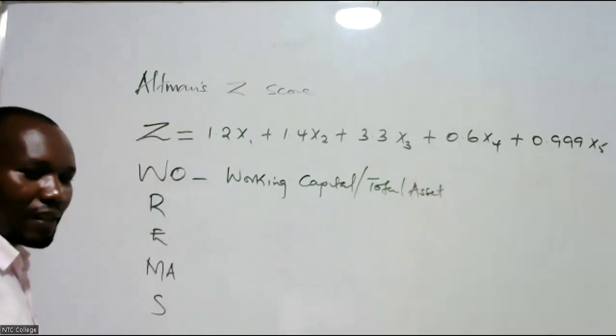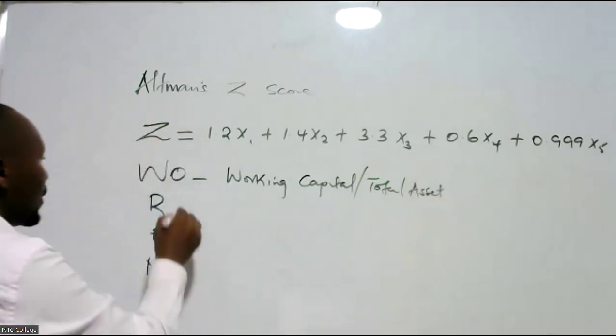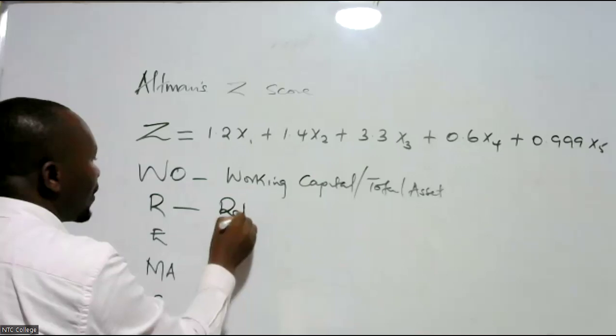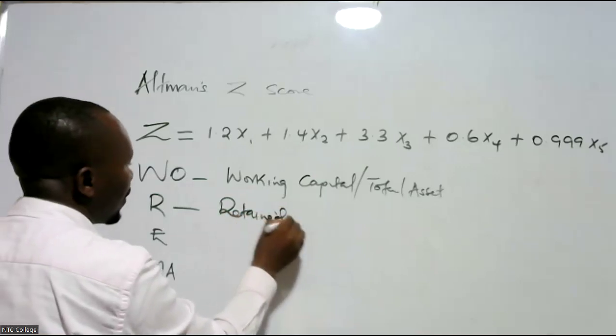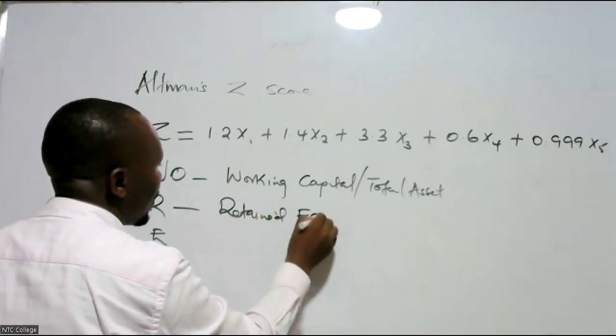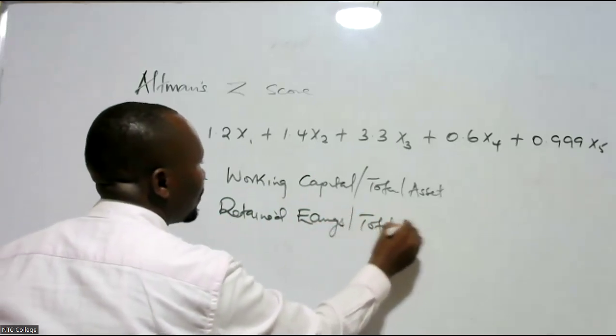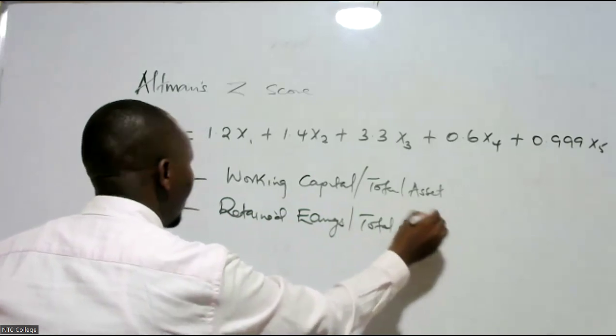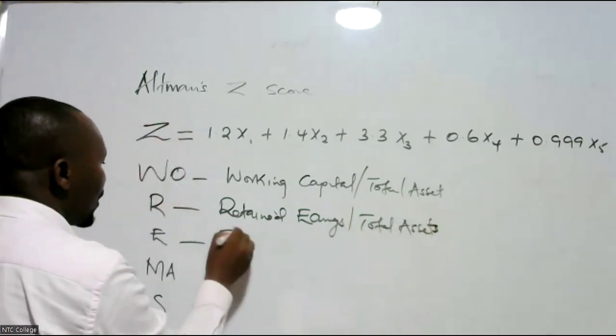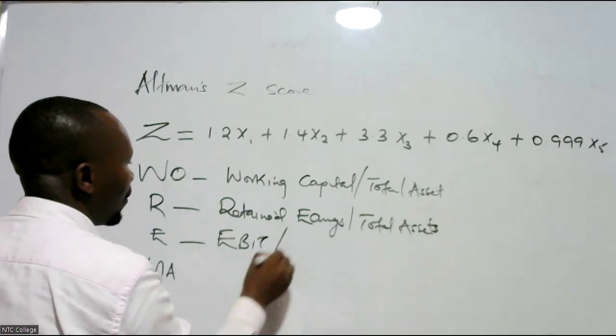I didn't see it in the last sitting, so it might come this time. We have this one, retained earnings, all over total assets. We have this one, EBIT, over total assets.